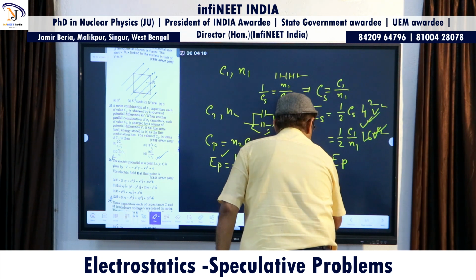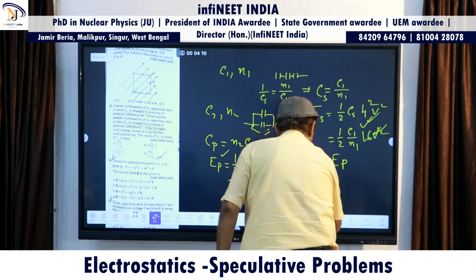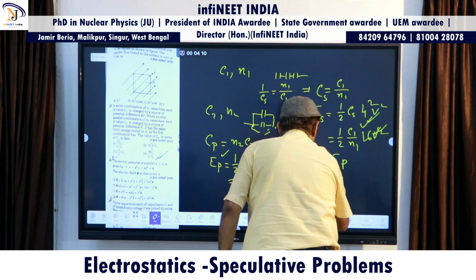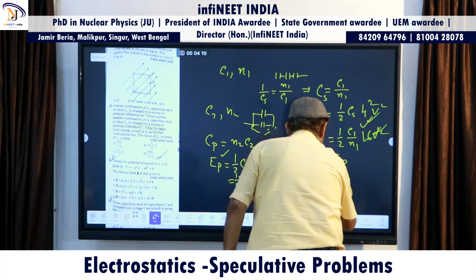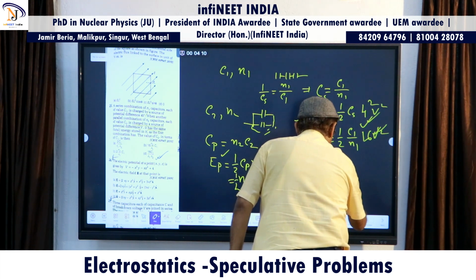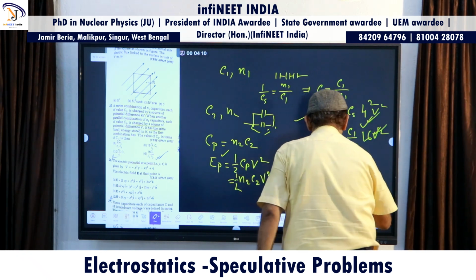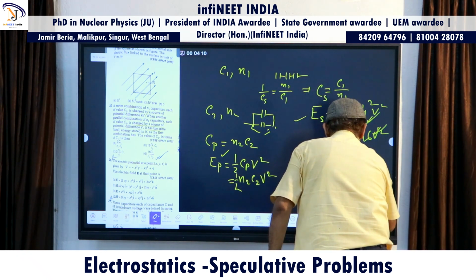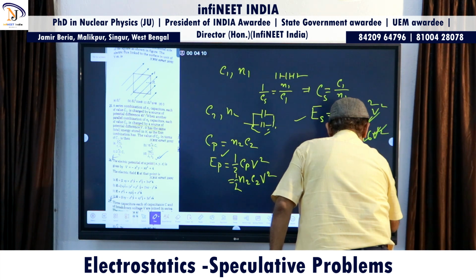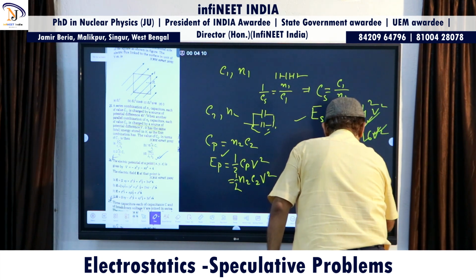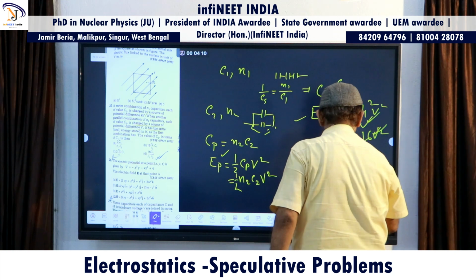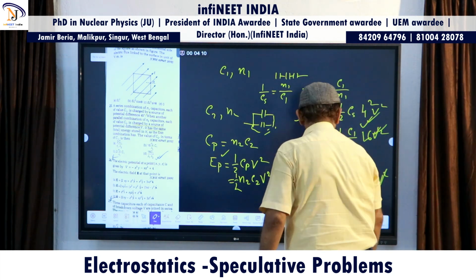Therefore, I may write half C1 by N1 into 16 V square equals the parallel combination, half N2 C2 into V square. So the half will be cancelled out.